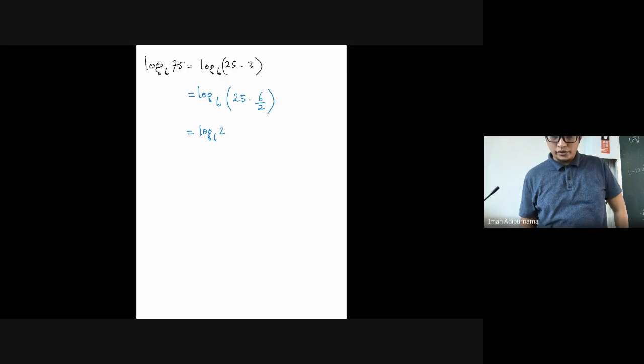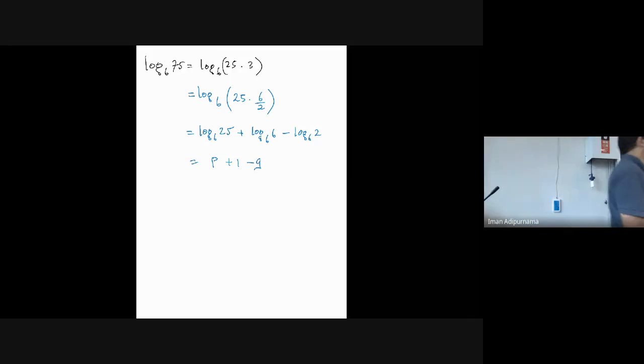I can expand this as log 6 of 25, plus log 6 of 6, right? And then minus log 6 of 2. So p plus 1 minus q. So you can include the same base with the results here.